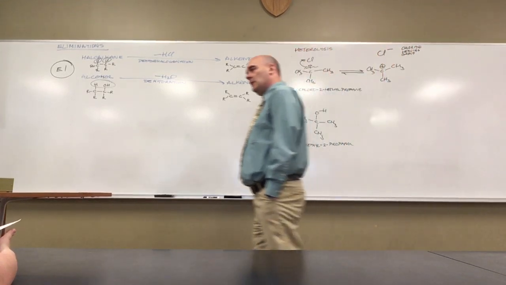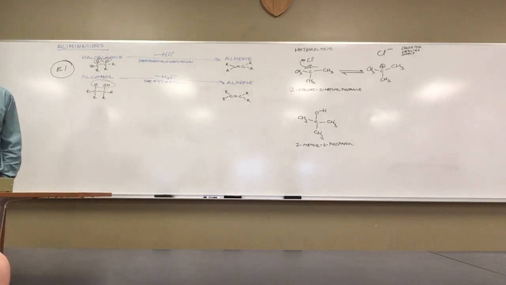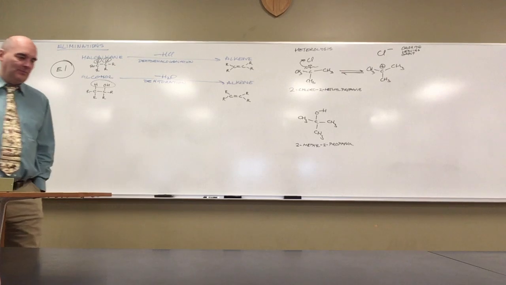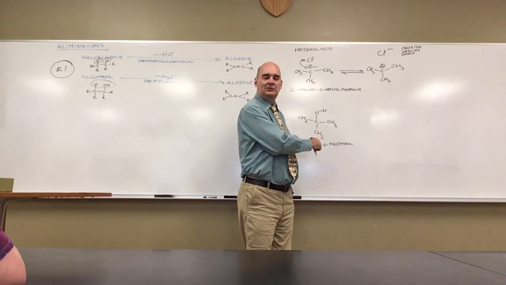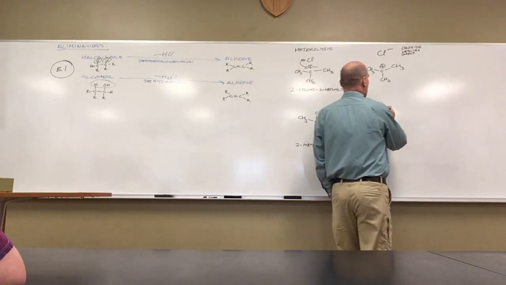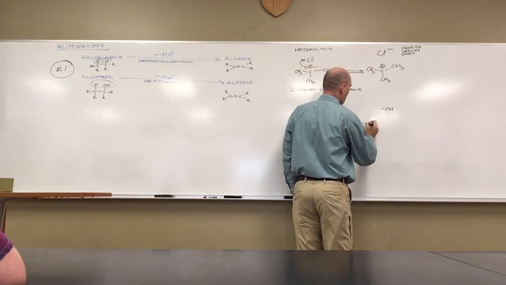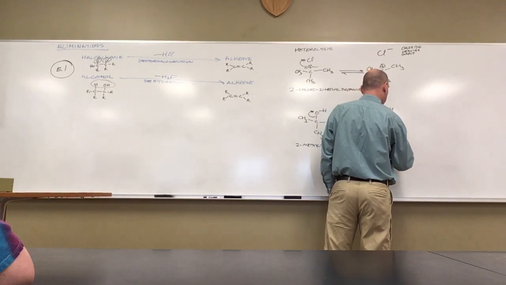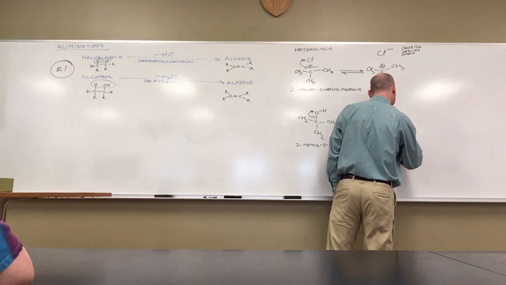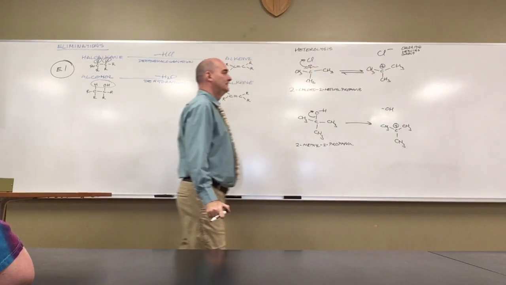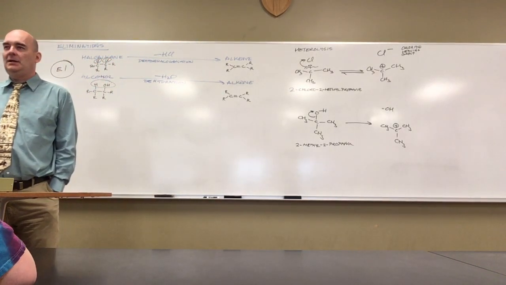In the first example, our dehydrohalogenation, it would be fair to call the leaving group a chloride. That's a chloride leaving group. What would be the name of the leaving group in the dehydration? So, if I just do this, I have a problem.